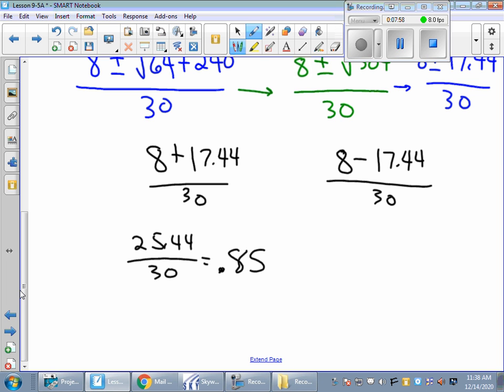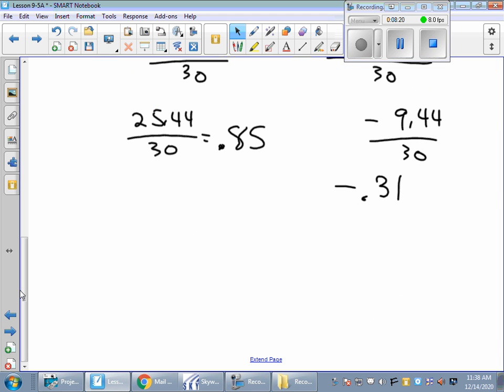So next one, you go 8 minus the 17.44, and that gives us a negative 9.44 divided by 30. So you divide that by 30, and we get a negative 0.31.